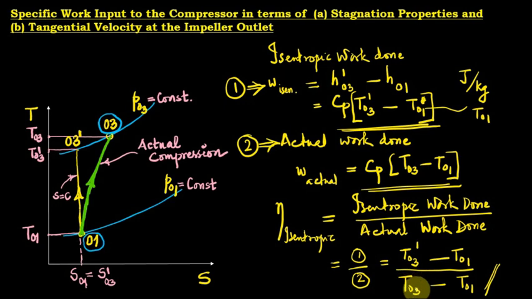Which is greater? T03 is greater than T03 dash, so the numerator is less. That's why isentropic efficiency is less than 1. For centrifugal compressors, usually we take isentropic efficiency in the range of 0.8 to 0.85, that is 80 to 85% isentropic efficiency we may expect from centrifugal compressors.